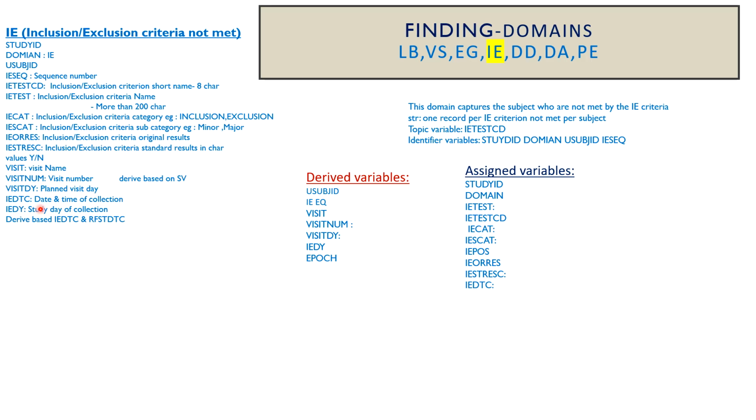So IEDTC is the collection of inclusion date and time. Study day we know how to derive based on RFSTDTC. In this domain, the derived variables will be unique subject ID, sequence, visit num, visit divide, IE and epoch.